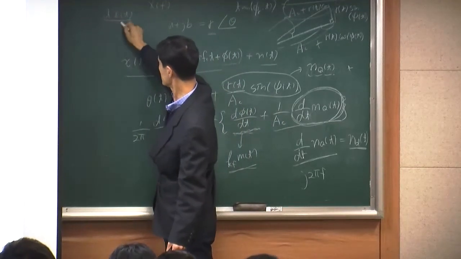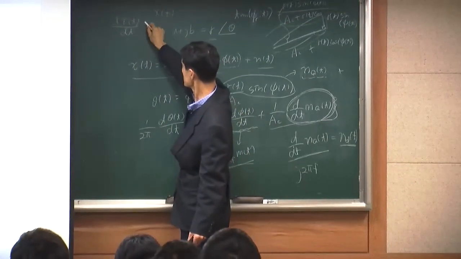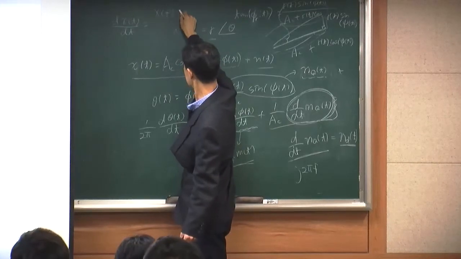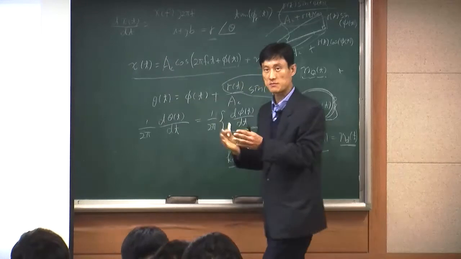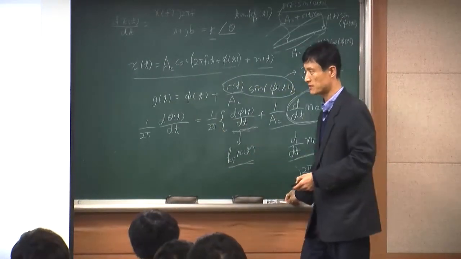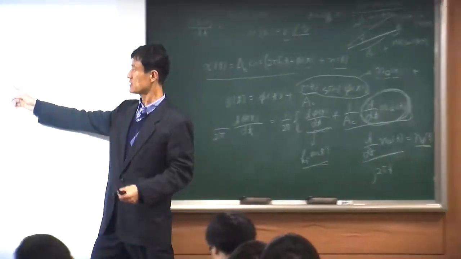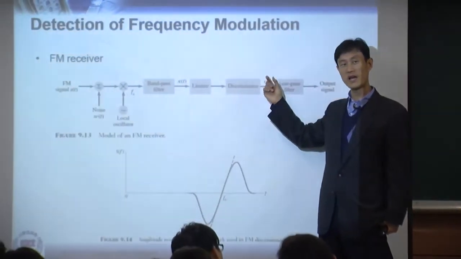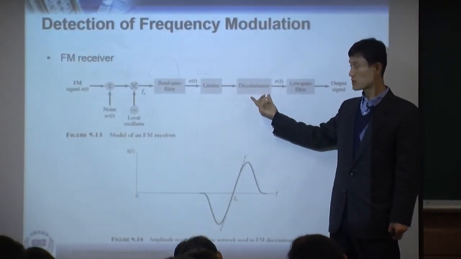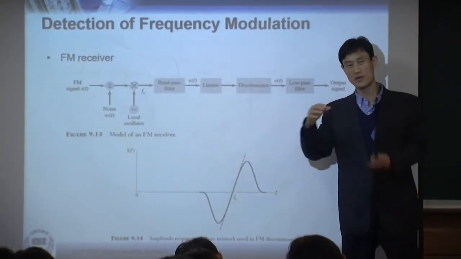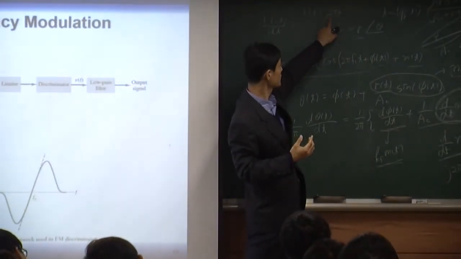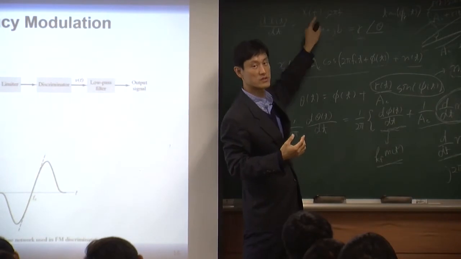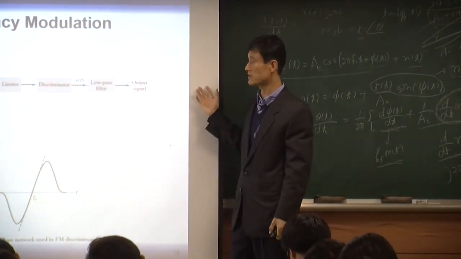Now you want to take a derivative in time. That's going to be the same as multiplying by j2 pi f in frequency. That's a simple relationship between time and frequency. What's happening inside here is the time derivative, so in the frequency domain we are simply multiplying j2 pi f into the frequency response of the signal. That's basically the same thing.